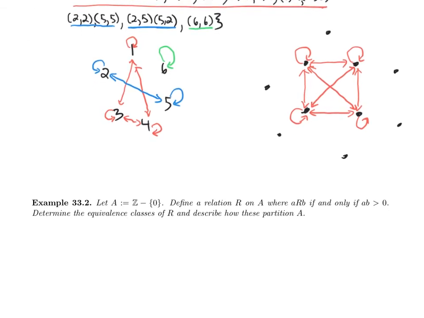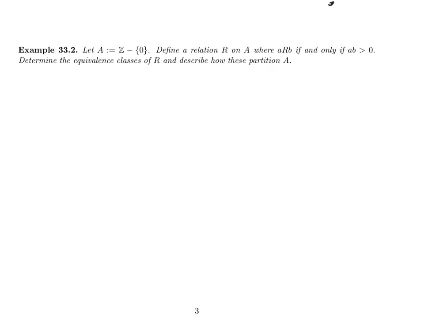Let's move on to the next example, and maybe you guys should try this one. Our set now is the integers without 0. So positive and negative natural numbers, but no 0.